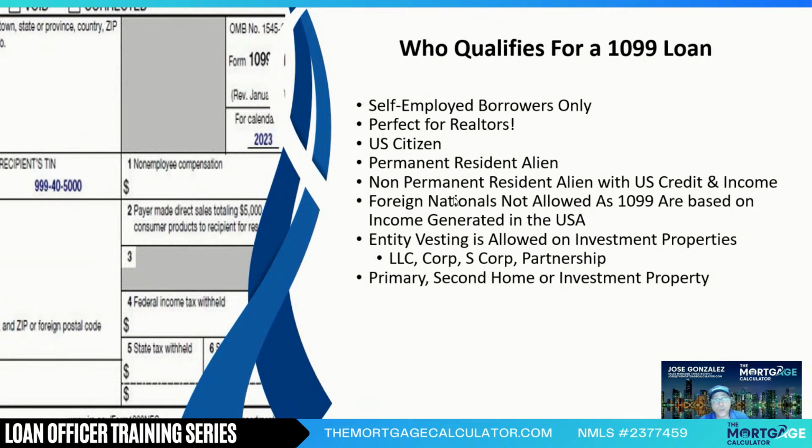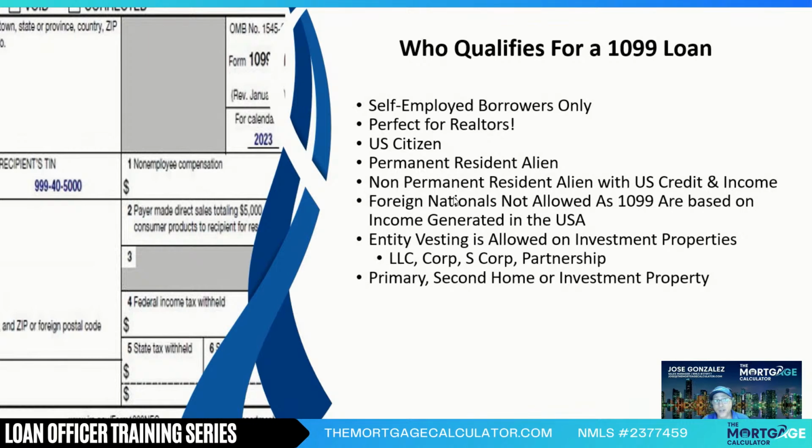Now, you will note foreign nationals are not allowed under a 1099 program because 1099s are based on income generated in the USA. If you receive a 1099, you had income from work that you did in the United States of America.